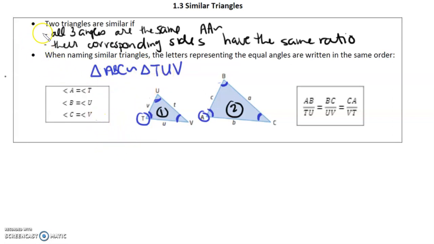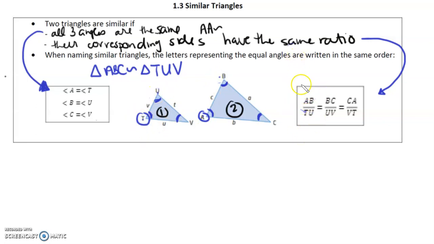So this first one is how we show that the two triangles are similar based on angles. And if we're looking at side ratios, we have to label them the same way. So we have AB, which goes from A to B. That means in the smaller triangle, we'd have to go from T to U, TU.